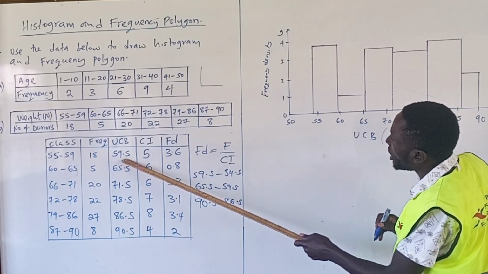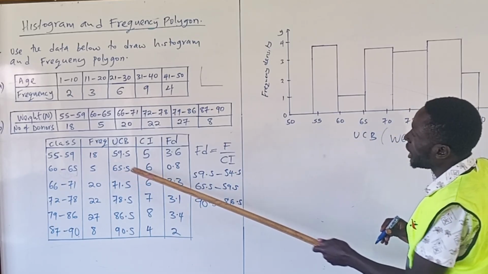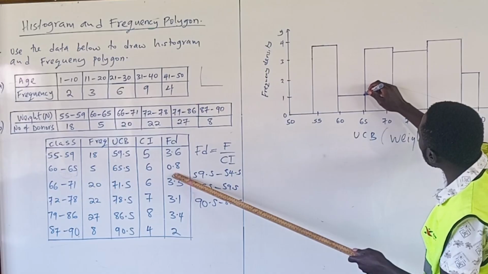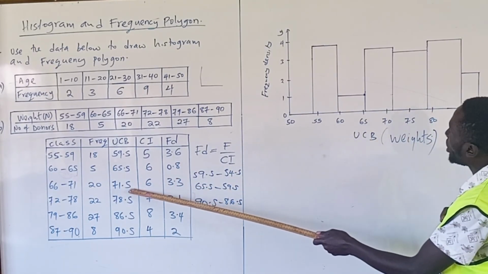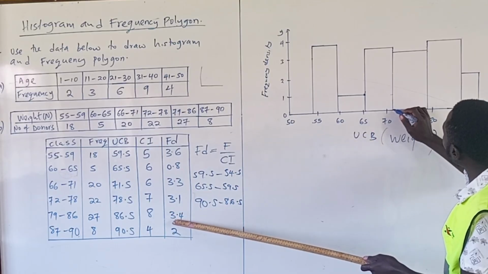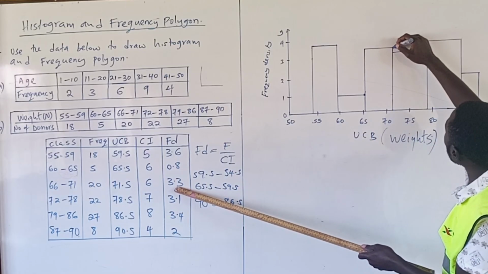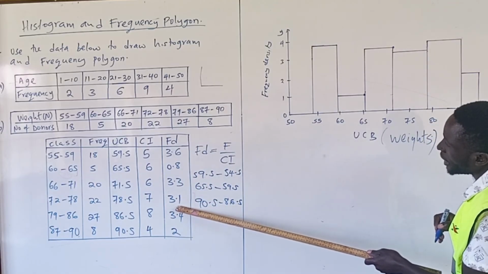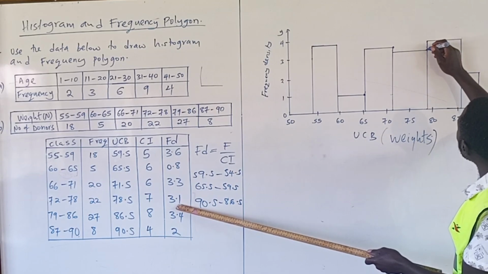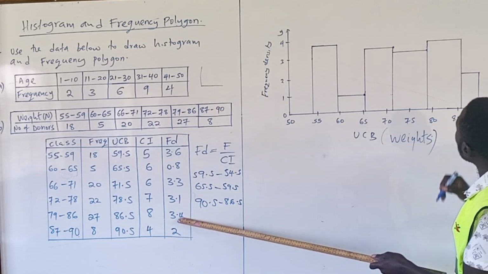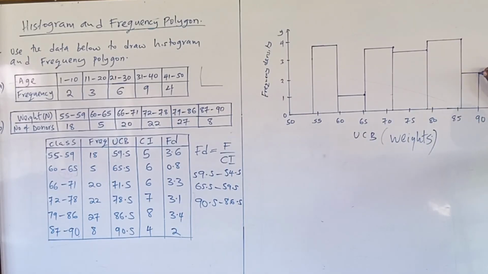From 59.5 we go to 65.5. At 65.5 it is 0.8. You put a dot at 65.5. Then at 71.5, the dot is 3.3. Then at 78.5 the dot is 3.1. Then that one 3.4. Then finally 2.